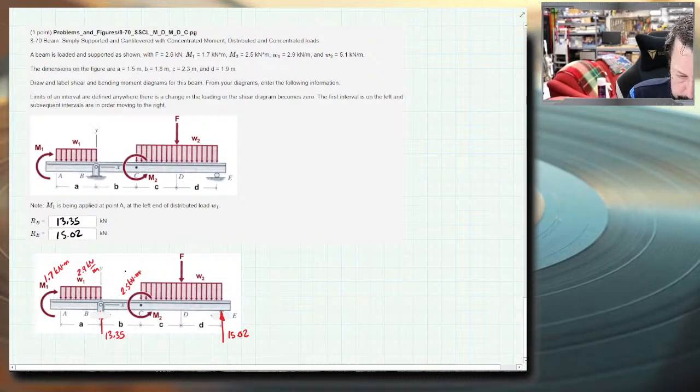F, I don't see F. It's just not bold. 2.6 kilonewtons. W2, 5.1 kilonewtons per meter. We already have our reactions. A is 1.5 meters. B, 1.8. C, 2.3. And D, 1.9. All right.